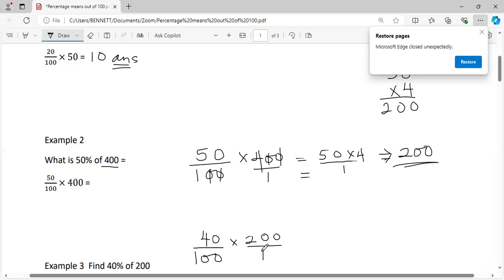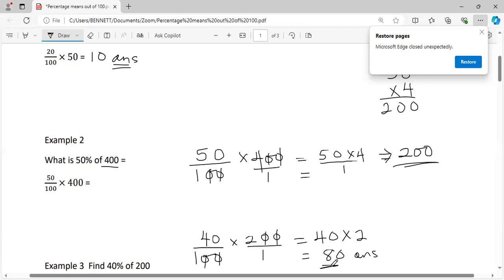Very good. Or you can just cancel these one time, right? 1 versus 1. So there we have it. Our answer would be 40 times 2. And of course, 40 times 2 is 80. So our answer, yeah, very good.